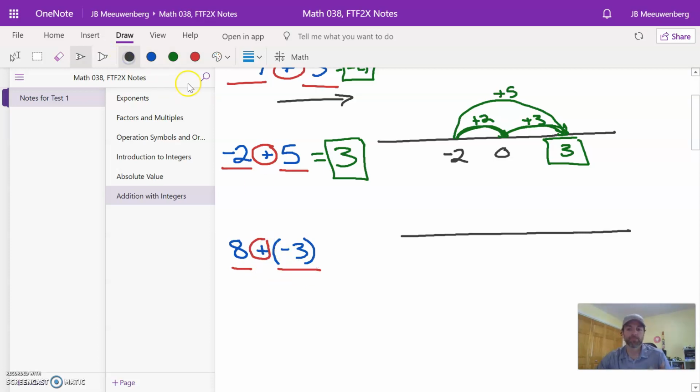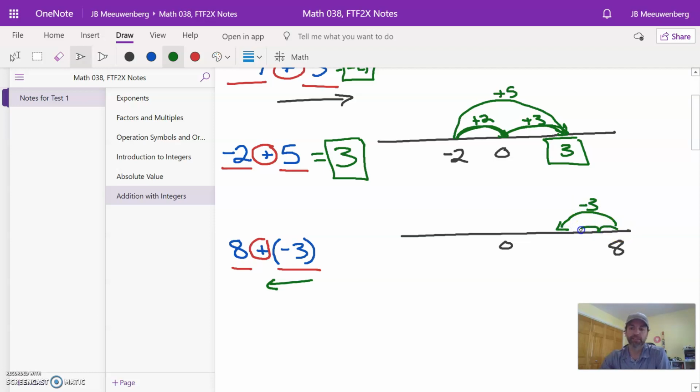So if I take the same strategy and start with the 0 on my number line, and then I put 8 somewhere up here, when we are adding, usually we think about going to the right. But if we're adding a negative number, that actually makes us go in the opposite direction, remember negative is opposite. So adding -3 is the same thing as taking 3 away. It's going back to the left on our number line. So we're going to go back this way.